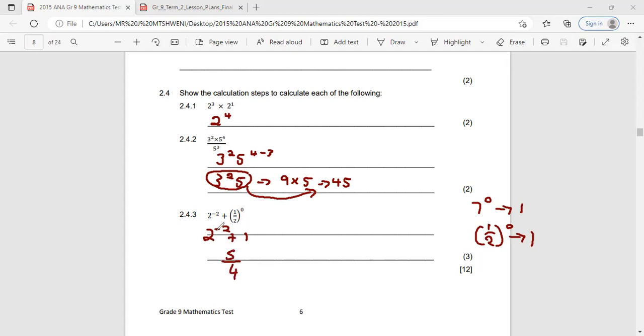Why 5 over 4? Because 2 to exponent negative 2 is 1 over this one. 2 to exponent negative 2, you get what? 1 over 4 plus 1. So 1 over 4 plus 1, what do you get? 5 over 4. This is your final conclusion.